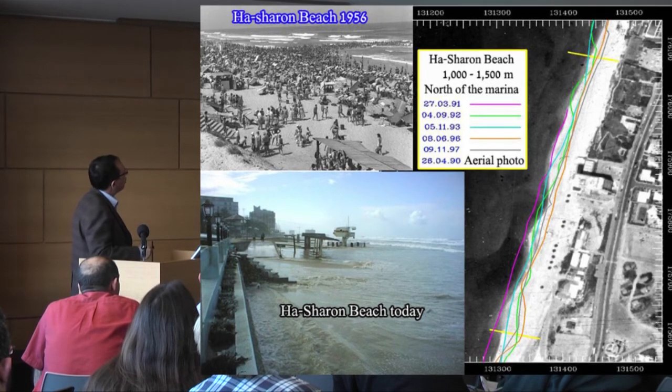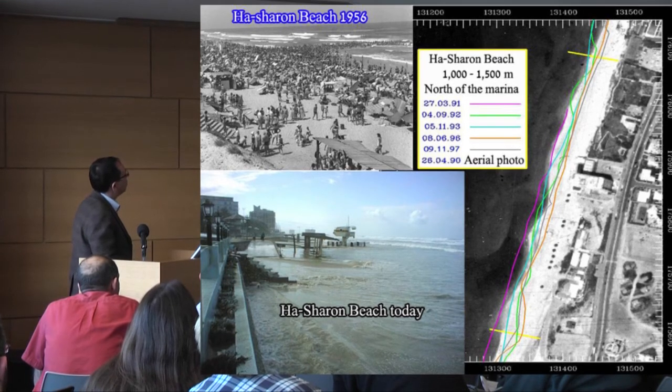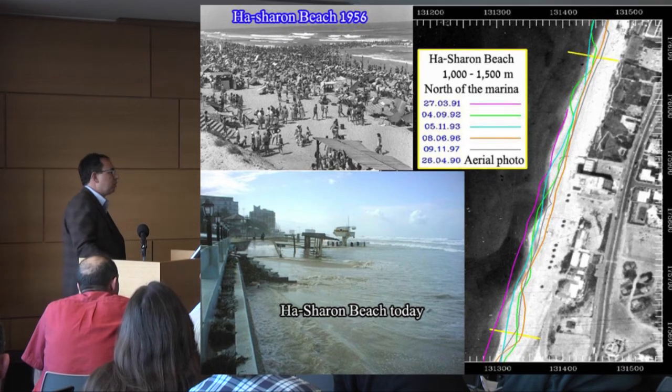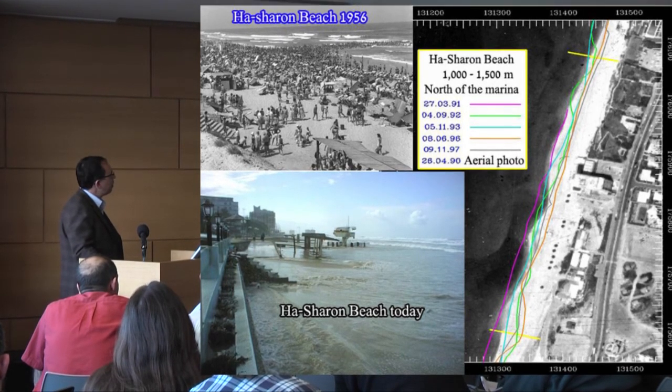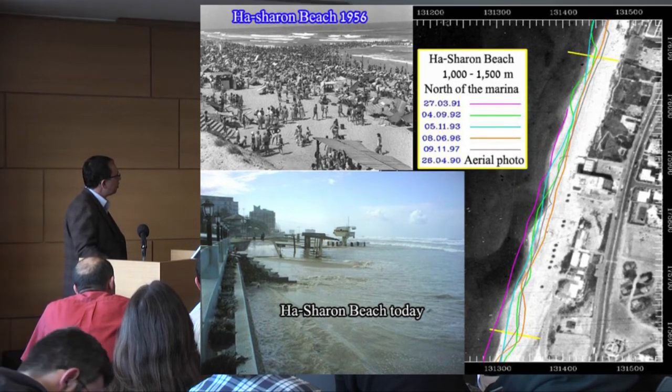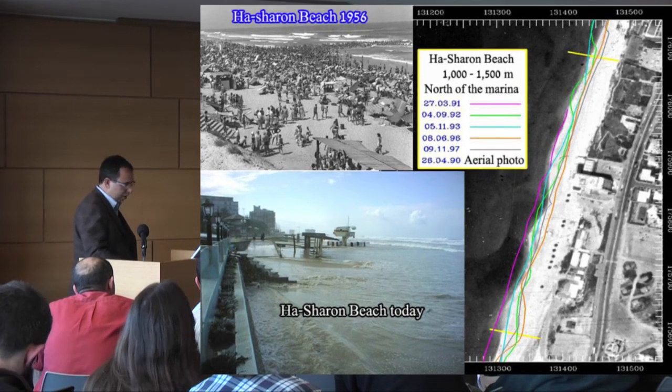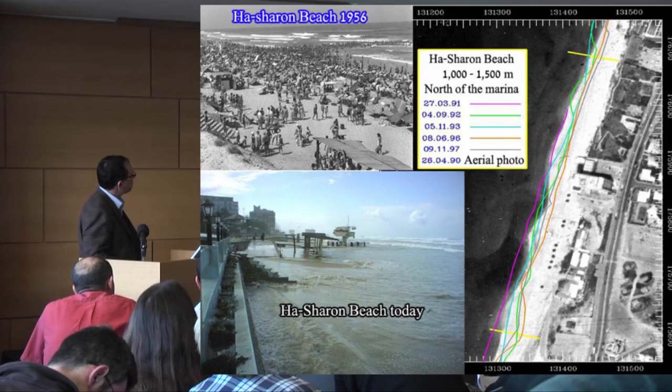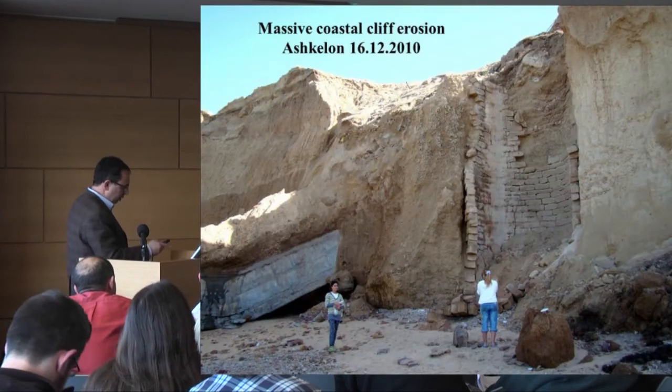You can see the shore, how wide it was in 1956. Today it's covered regularly during the winter time. And this phenomenon is, let's say, popular, and it's a big issue now in our country.